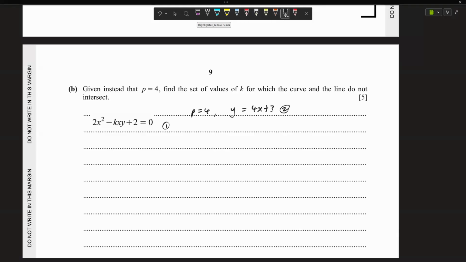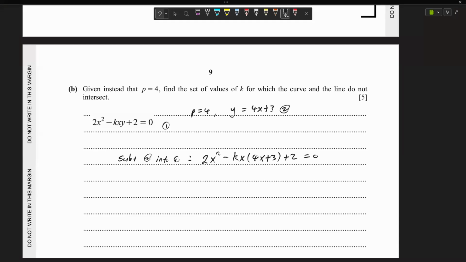The two equations. So substitute equation 2 into equation 1, which means that we'll be having 2x squared minus kx of y, but y is 4x plus 3. So that's 4x plus 3, plus 2 equal to 0.